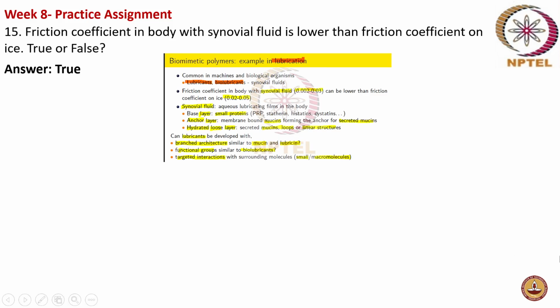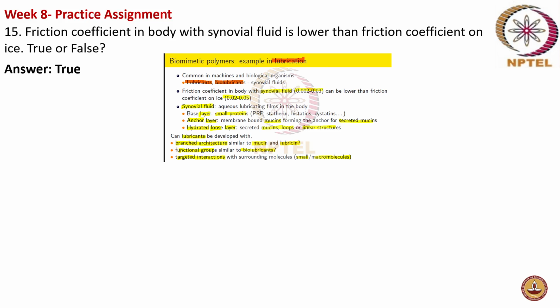So you can see that the friction coefficient of synovial fluid is of the value 0.002 to 0.03, whereas for ice it is 0.02 to 0.05. You could see that the friction coefficient of synovial fluid is one order lower than that of ice.